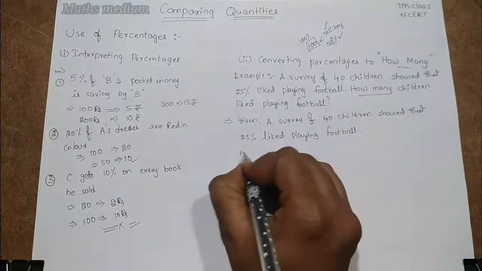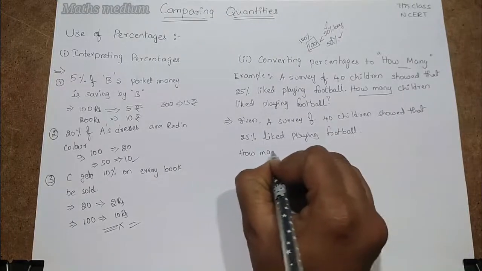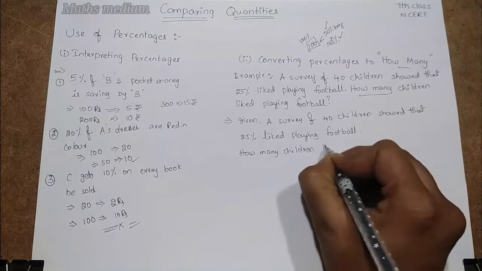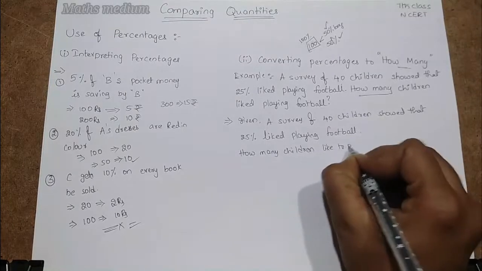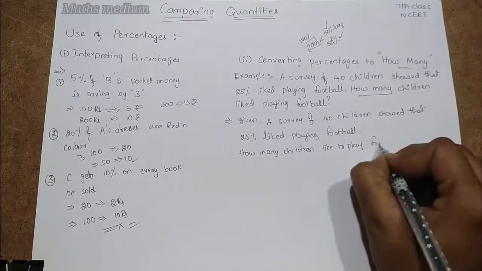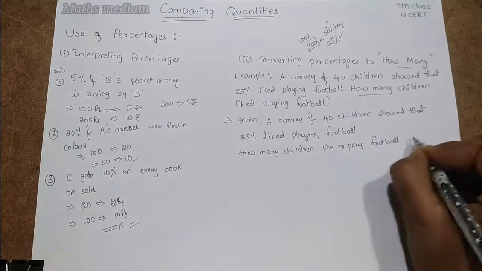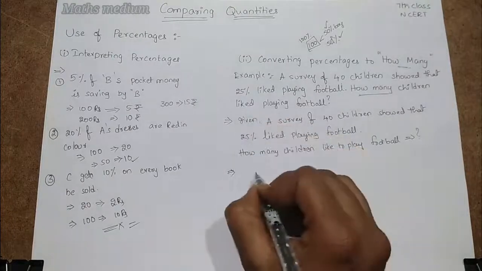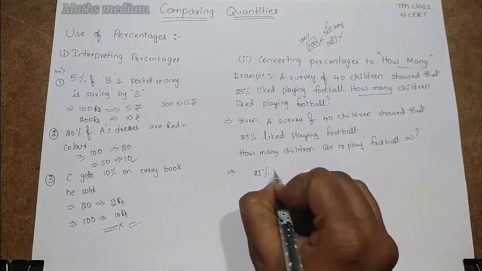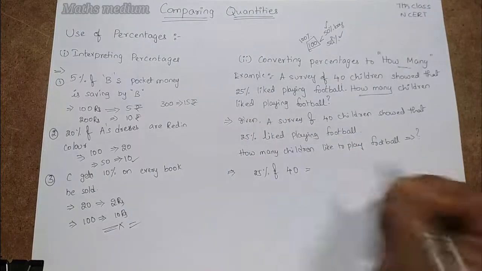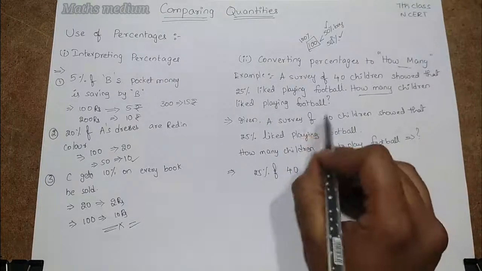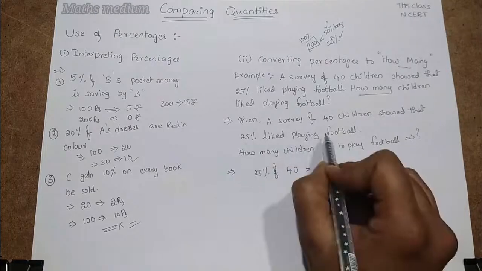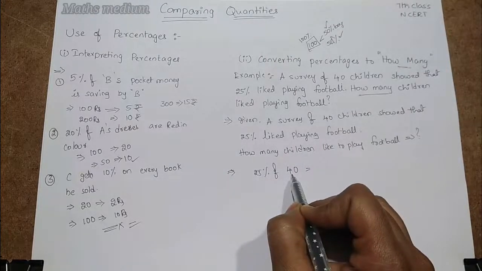We have to find how many children like to play football. This is what we have to find. Now let's start. 25% of 40. We can write it like this. Why? Because here 40 children are there. Out of 40, 25% like to play football. So that's why I'm writing like this.